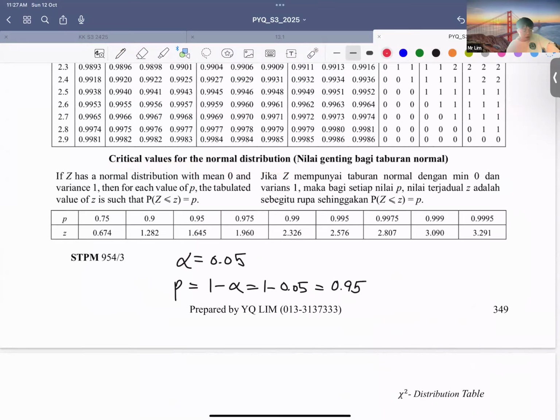Meaning on this row, you're searching for 0.95, as you can see here. The corresponding Z value will be your Z alpha. 1.645 is your Z alpha.